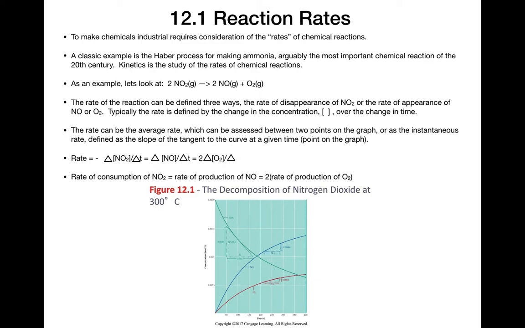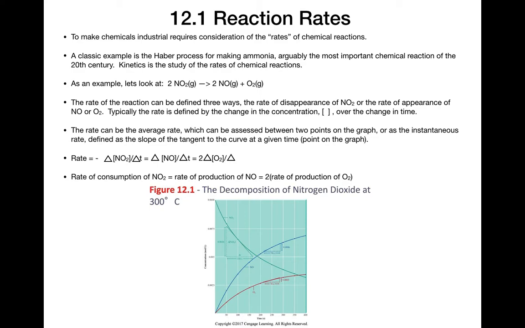You can plot the concentration versus time, and by drawing the tangent to the curve, the slope of that tangent would be the change in the concentration over time at that given point. So what we're looking at here at the bottom is the decomposition of nitrogen oxide at 300 degrees Celsius.